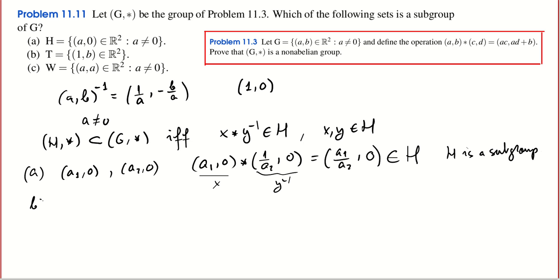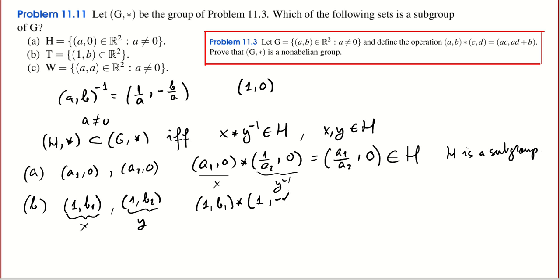Okay, what about B? Well, in B, we have elements of this form, so we do the same story. We take one element, (1, b1), this is going to be x, and we take a second element, (1, b2), which is going to be y, right? And now we multiply the first by the inverse of the second. The inverse of 1 is, of course, 1, right? 1 over 1 is 1. And here we have negative b2, right?